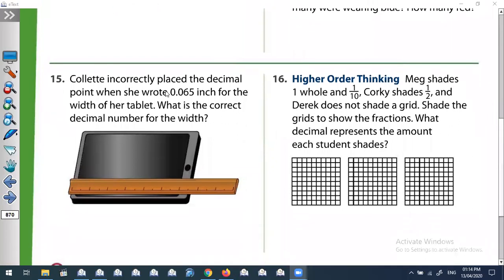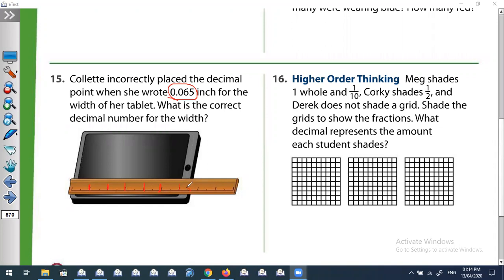Tweety incorrectly placed the decimal point when she wrote 0.065 inch for the width of her tablet. What is the correct decimal number? This number is wrong. I need to correct it. Let's count the length of the tablet. 1, 2, 3, 4, 5, 6.